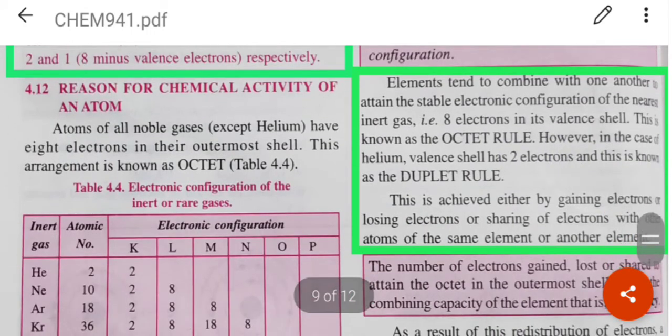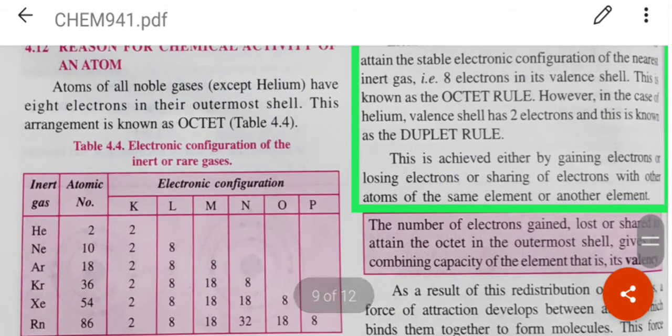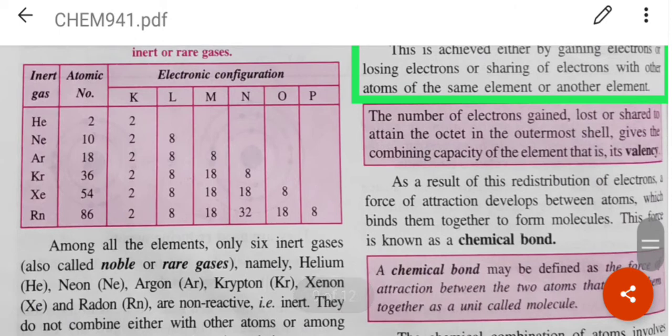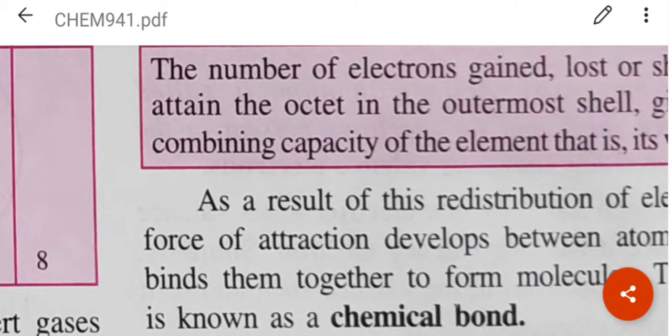Now, elements tend to combine with one another to attain the stable electronic configuration, that is the octet rule. Okay. So now this is the refined definition of valency. The number of electrons gained, lost, okay, or shared to attain the octet in the outermost shell gives the combining capacity of the element, that is valency.